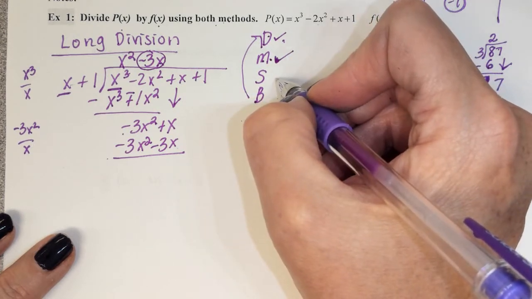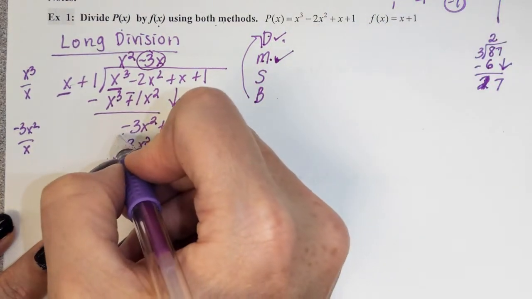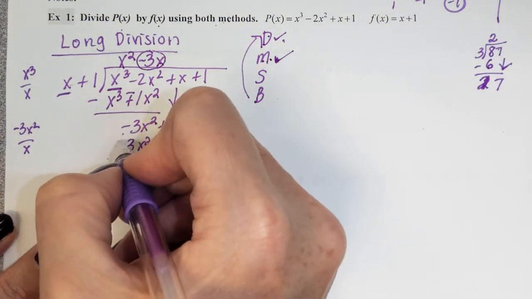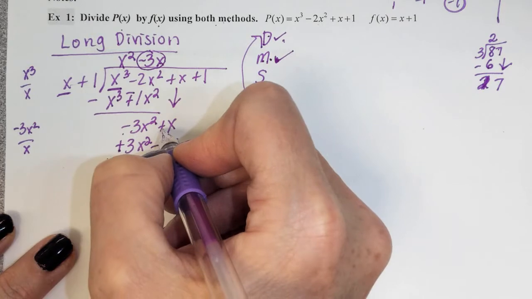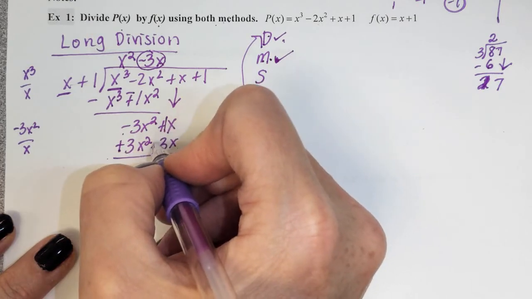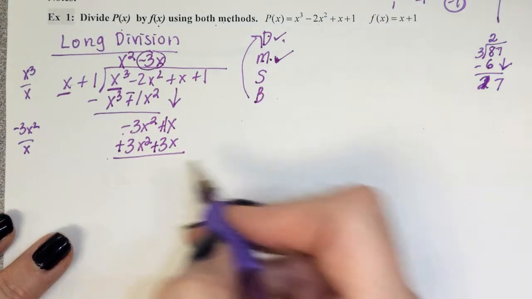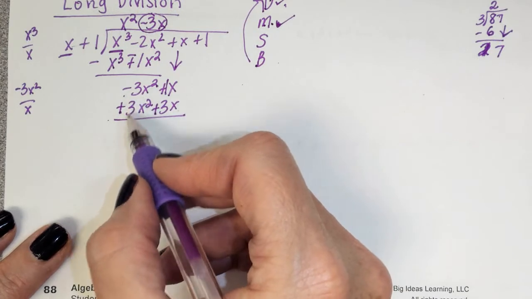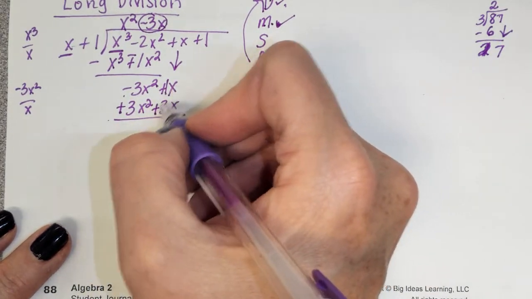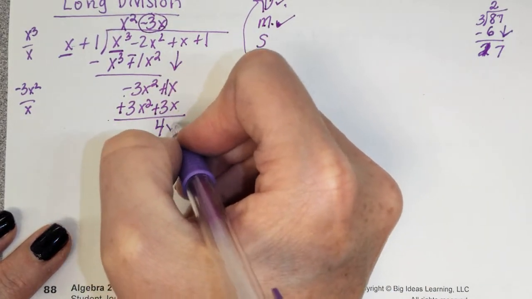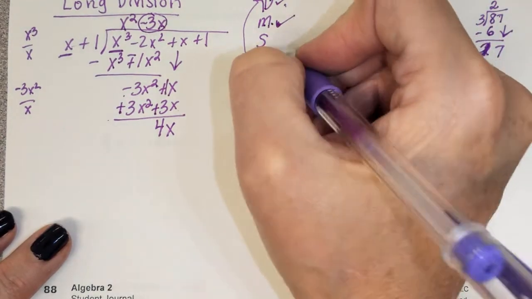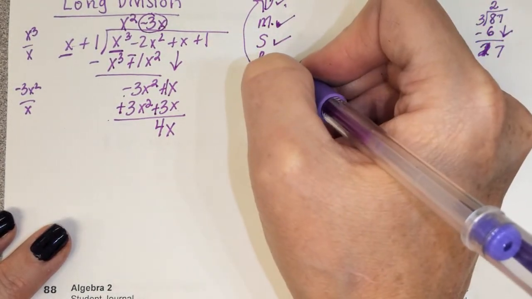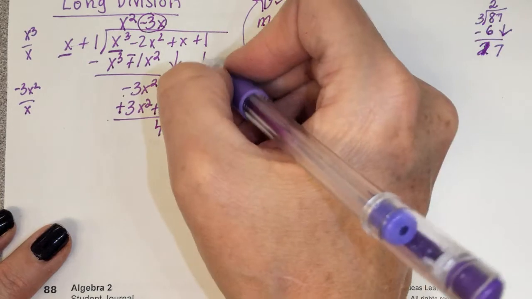What do we do now? Subtract. So I have to do negative 3x squared minus a negative, and I have to do 1x minus a negative. Well, this is going to be 0, and here I have 1x plus 3x, which is 4x. So now I just subtracted. What do we do now? Bring down the 1.